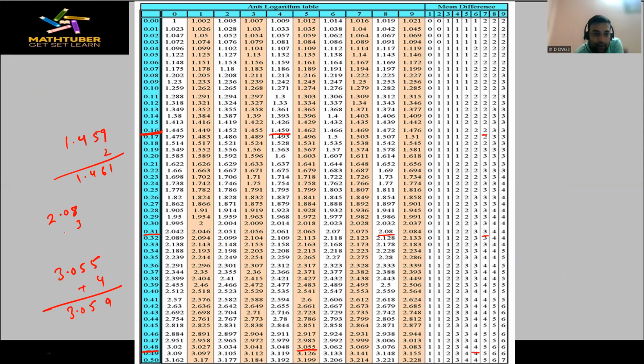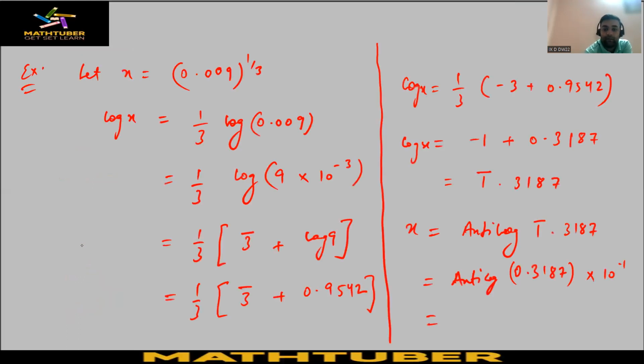So we will add this, so it will be 2.11. We just have to add these numbers. What we got here, 2.11 into 10 raised to power minus 1, which means 2.11 into 1 by 10, and it can be written as 0.211. This will be your answer, right?